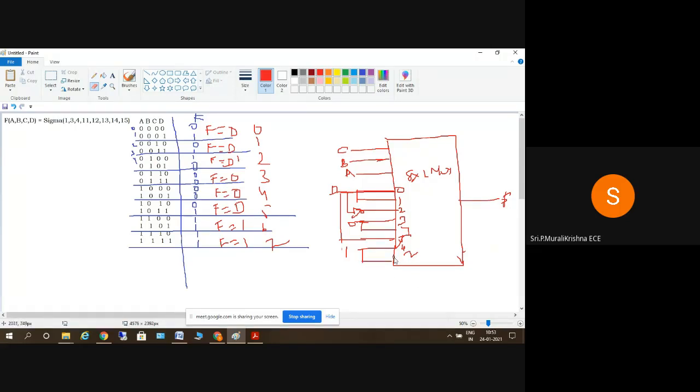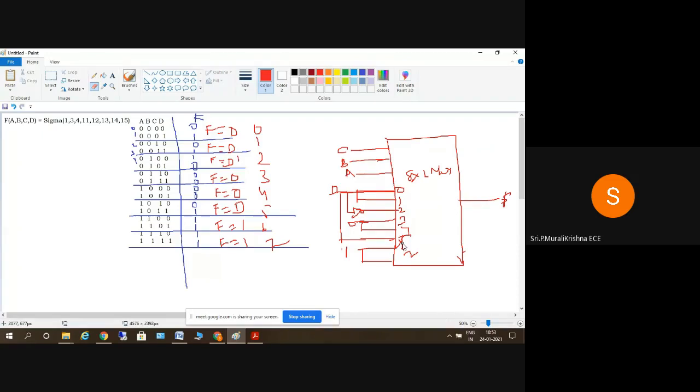So these are the 8 possible inputs here: D, D bar, 0, 0, D, 1, and 1. Clear? Yes, sir.